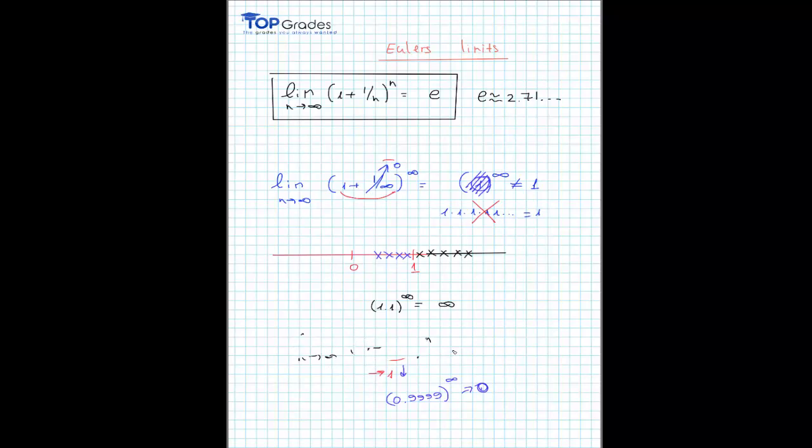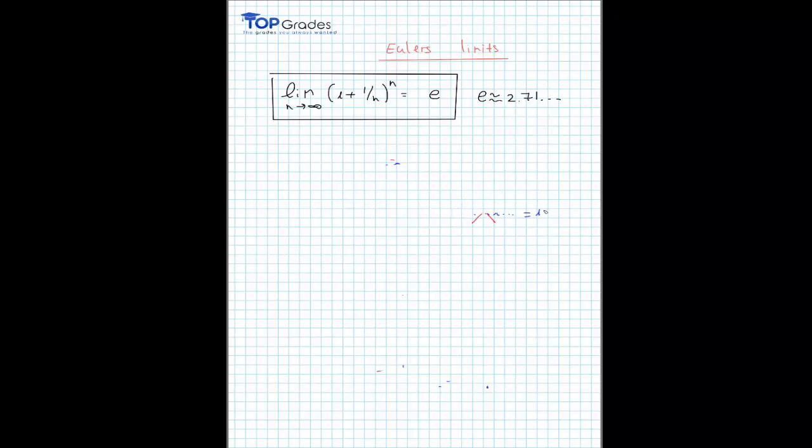So the limit written up here is the Euler limit. How do we work with Euler limits? We have to find some common or interesting things in this limit. First of all, we always get 1 in the power of infinity.